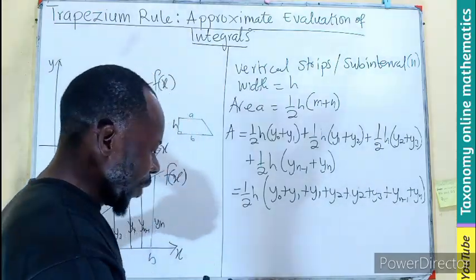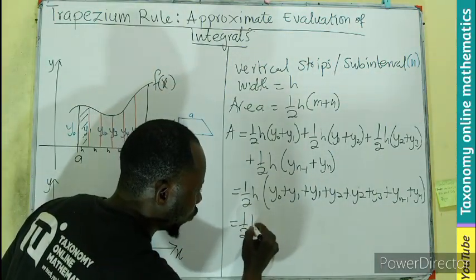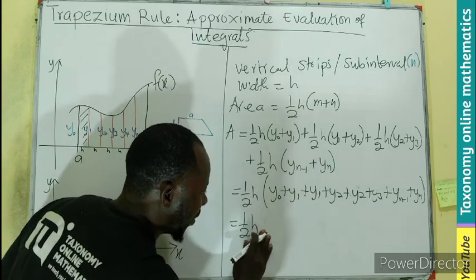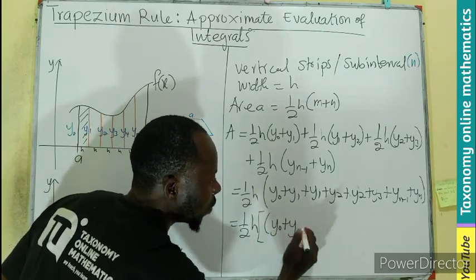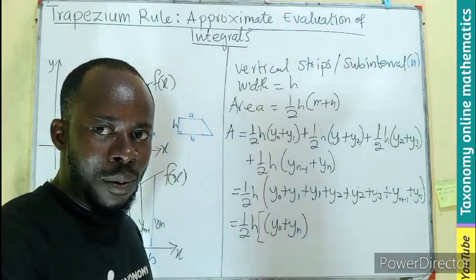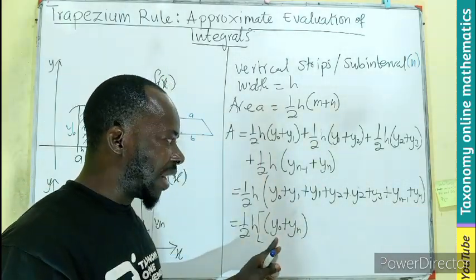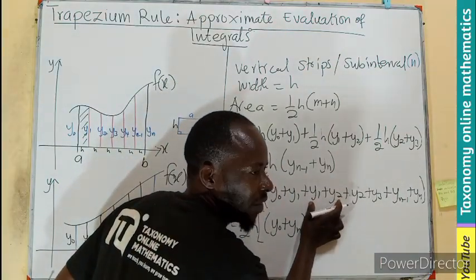So we can regroup them as in 1 on 2. Let me bring a bigger bracket. y naught and this are going to be singular. They are the only singular ones we have, the first and last. Then plus, I'll be having 2 of this.